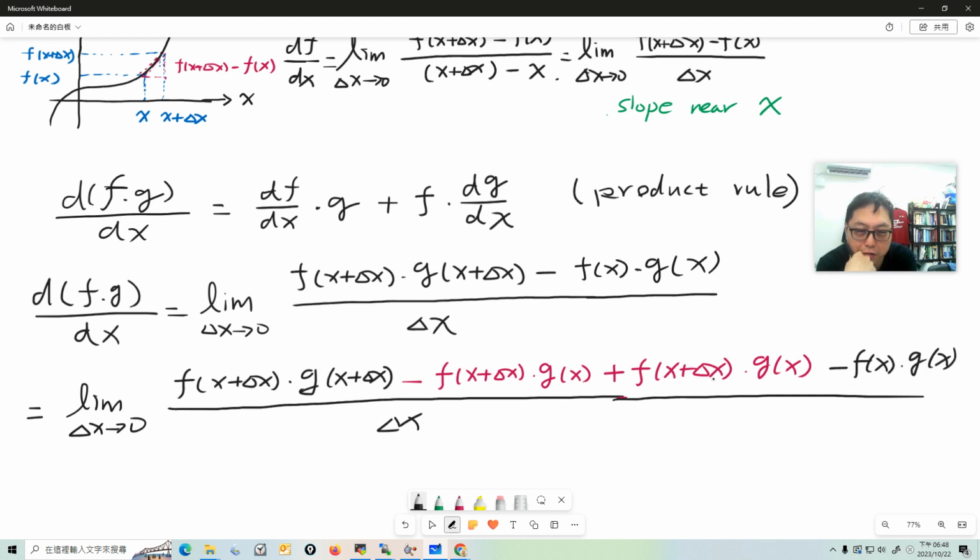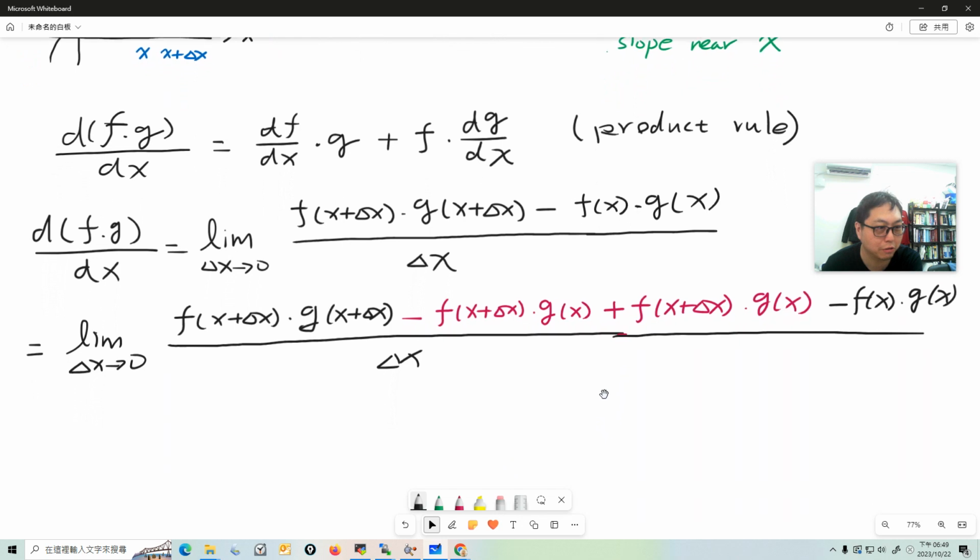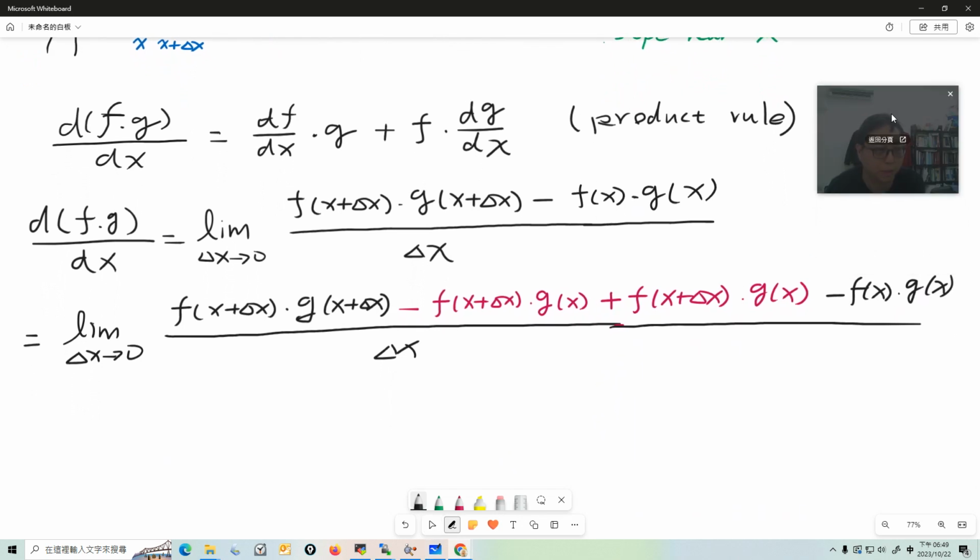Is this correct? Yes, this is correct. We subtract this term, but we also add this term, and then something magical happens.